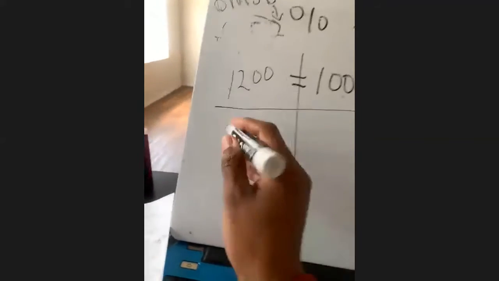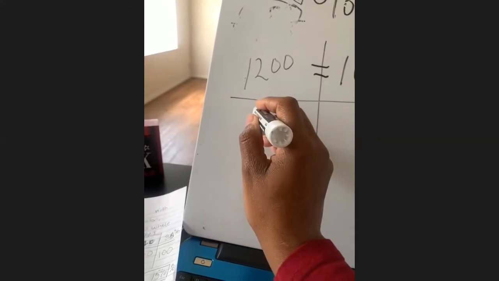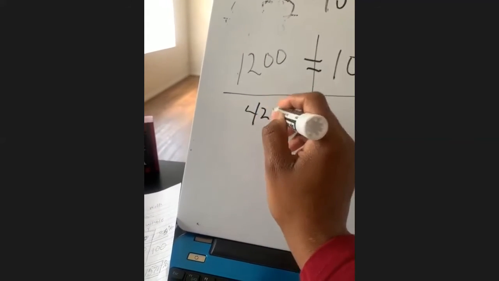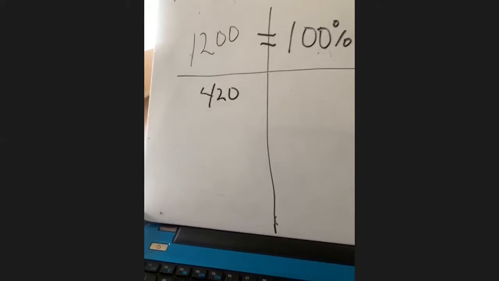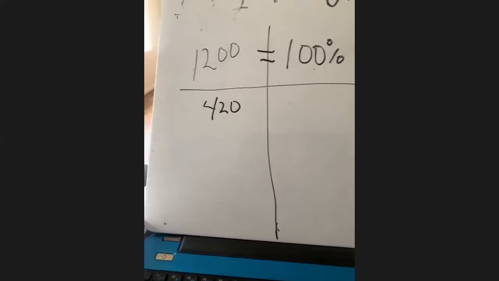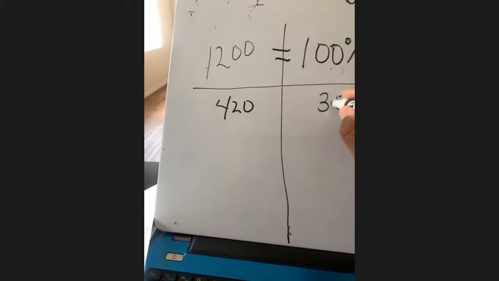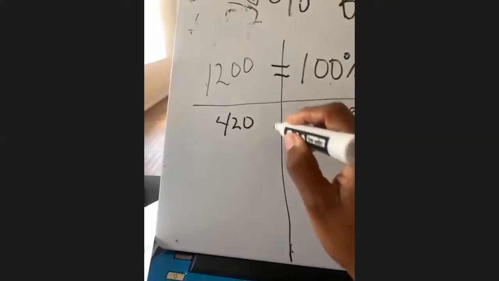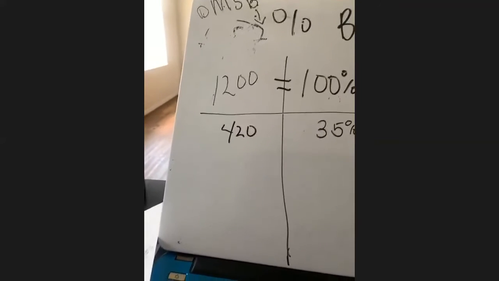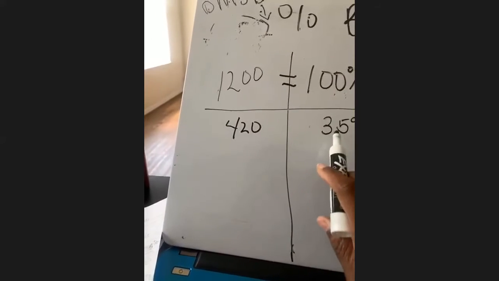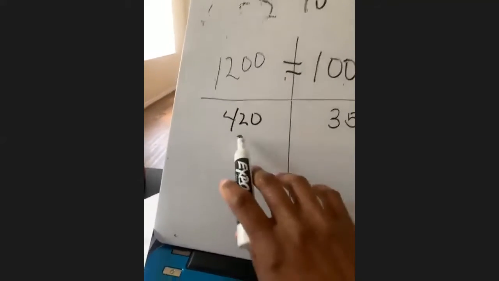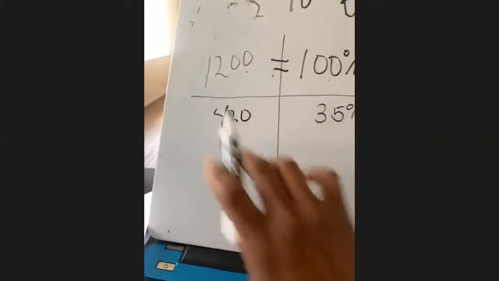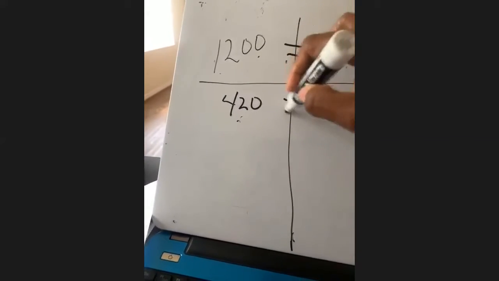We have spent $420 for rent. And we said that was, anybody remember? 35%. So 35% of 1,200 is 420, or 420 of 1,200 is 35%, because this equals that, right?